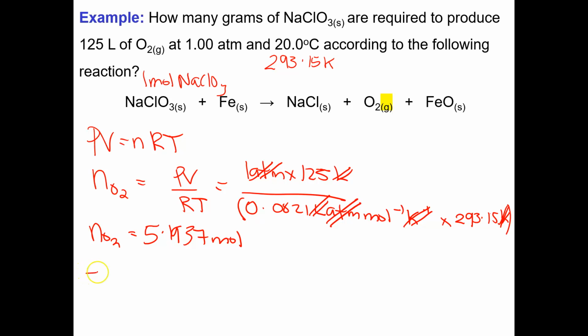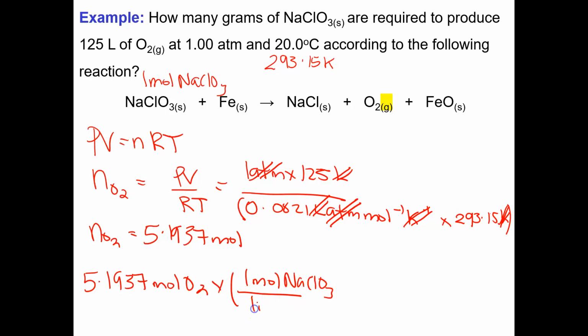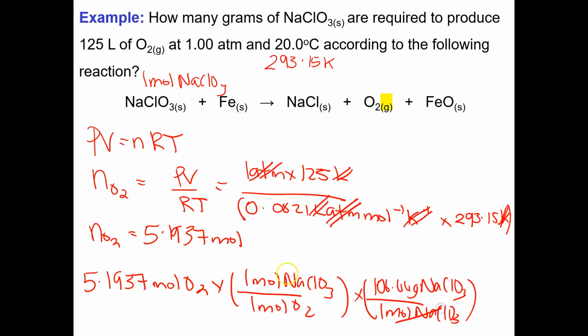So this works out pretty easy to calculate the grams of sodium chlorate. All we have to do is multiply our moles of O2 by our mole ratio relating the number of moles of sodium chlorate to the number of moles of O2, and then multiply by the molar mass of sodium chlorate to convert the moles of sodium chlorate into grams.